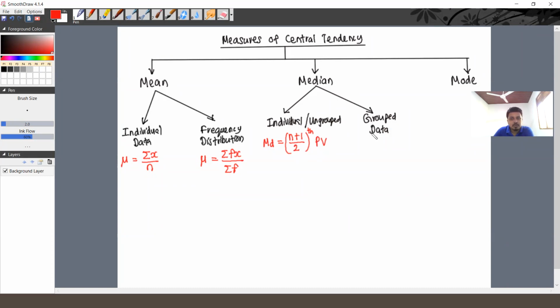If it is a grouped frequency distribution, then we can calculate the median value by using this formula.